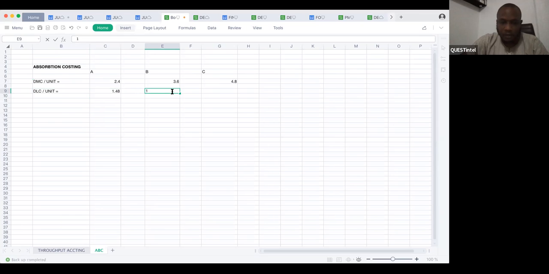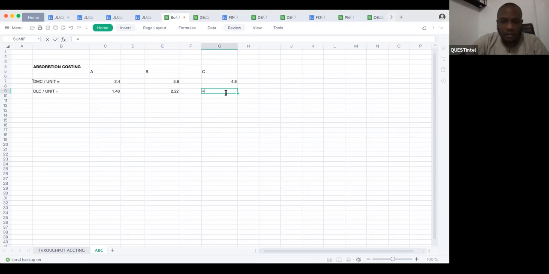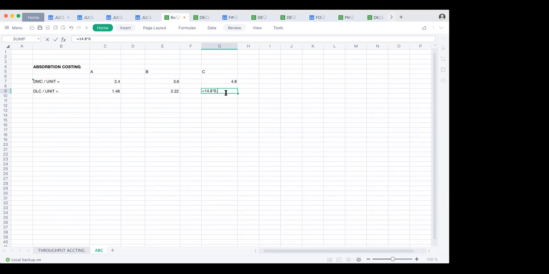Then still the same 14.8 multiplied by 0.15. And then finally 14.8 multiplied by 0.2. Okay, so we've gotten that.